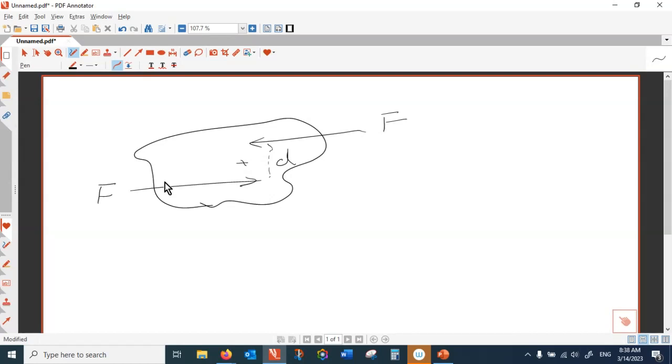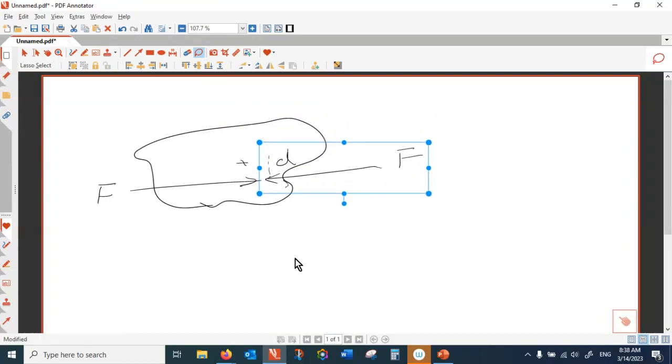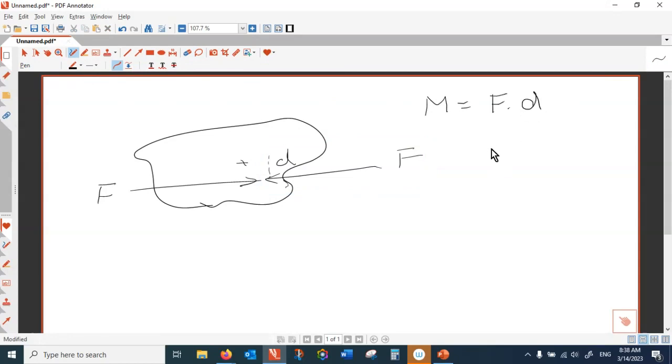All right? So imagine that I'm reducing that distance little by little, and eventually, if I bring that force here exactly collinear with that, or in other words, if I make the distance between the two forces zero, mathematically we know that the moment of a couple is equal to F times D. And if I put D equal to zero, that means there is no couple.